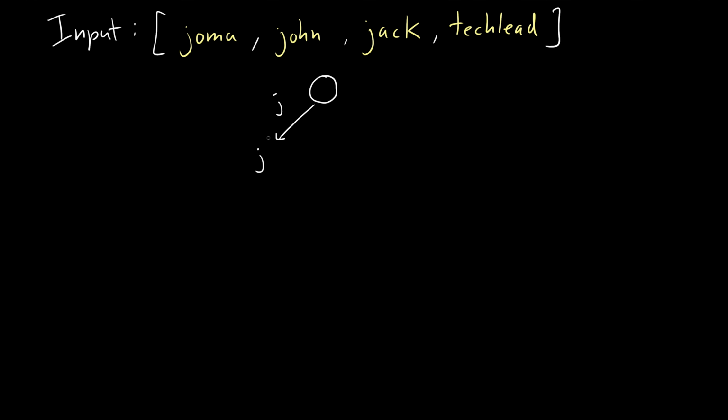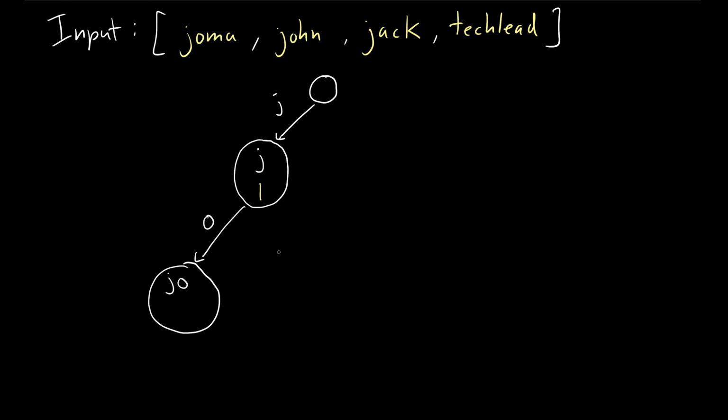So we have J, and then now we have this node that's J, and then we have 1. We're going to say 1 here, okay? Because we passed through it once, okay? And then we continue with O because we're doing Joma right now, right? So then O. And then now this node is J-O, right?